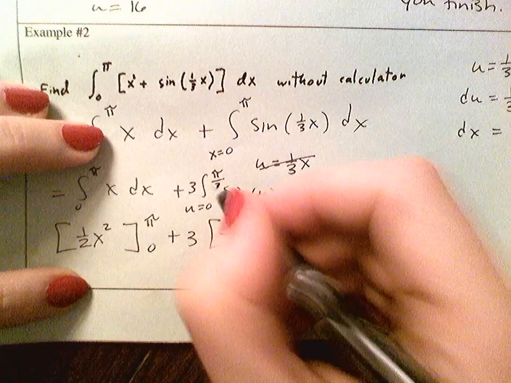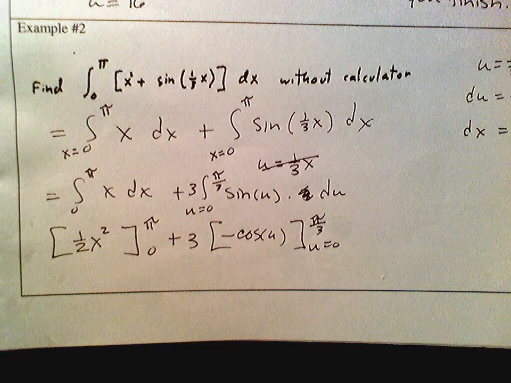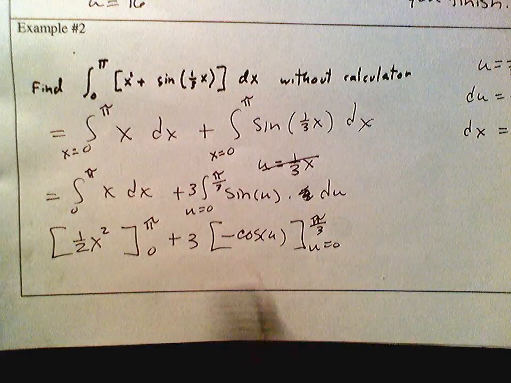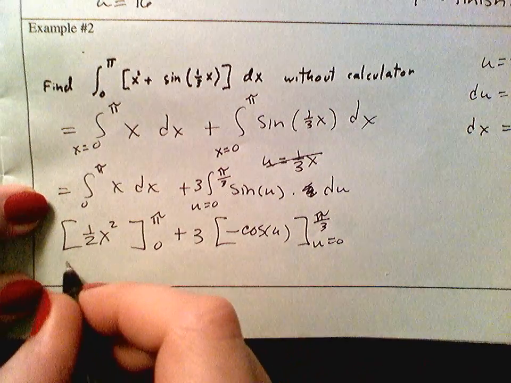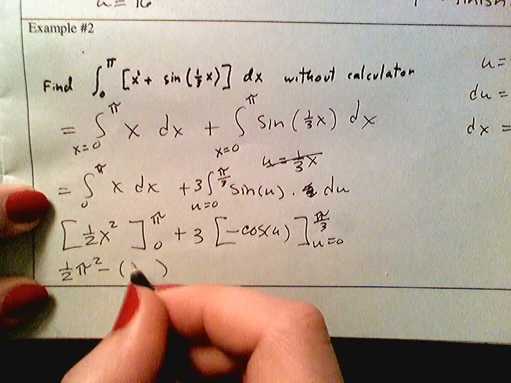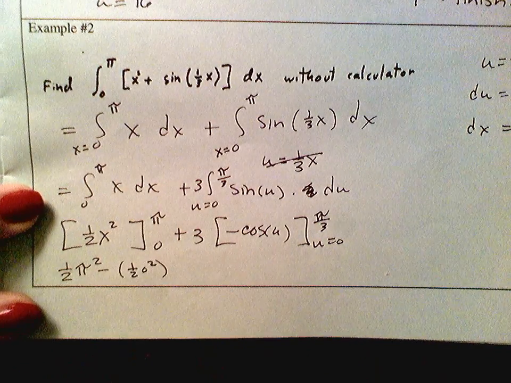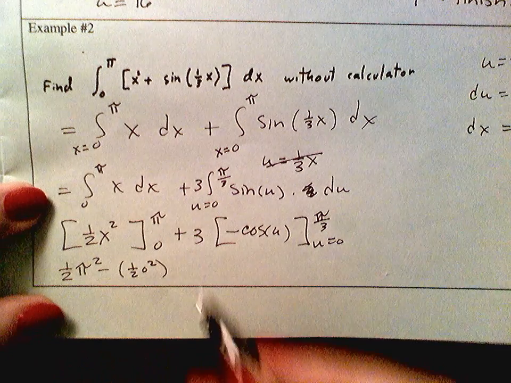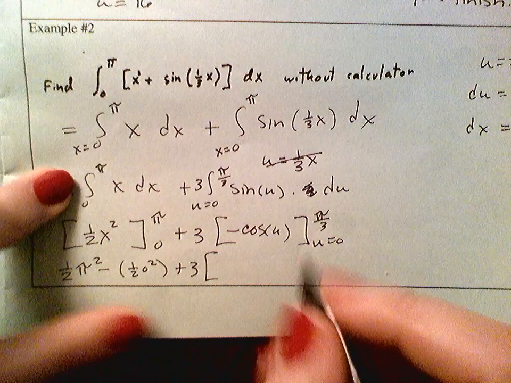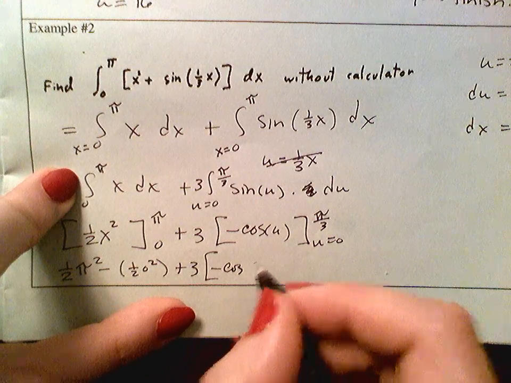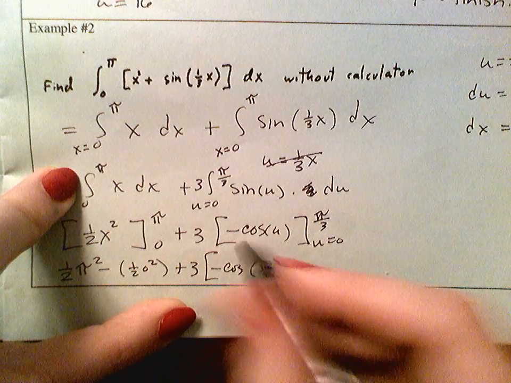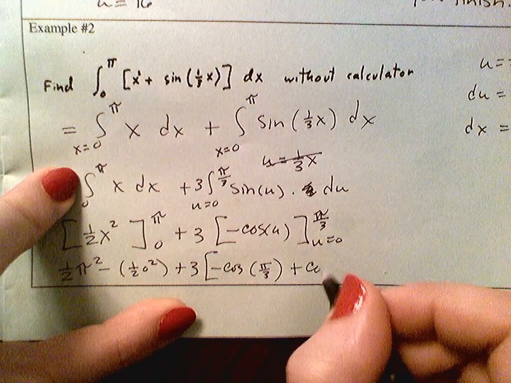My bad. And then pi goes in here. So this is 1/2 pi squared minus 1/2 0 squared. That's what this first thing becomes. Plus 3, and then this is negative cosine pi over 3 minus negative cosine, so plus cosine of 0.